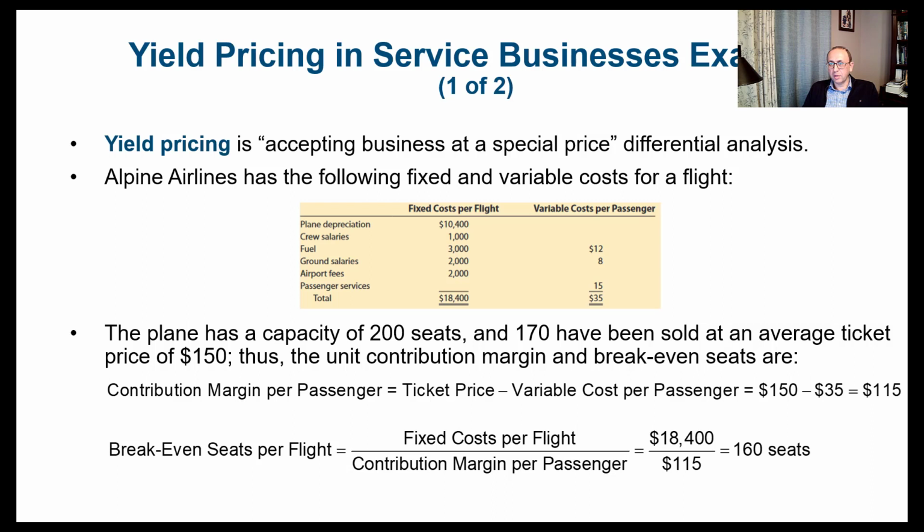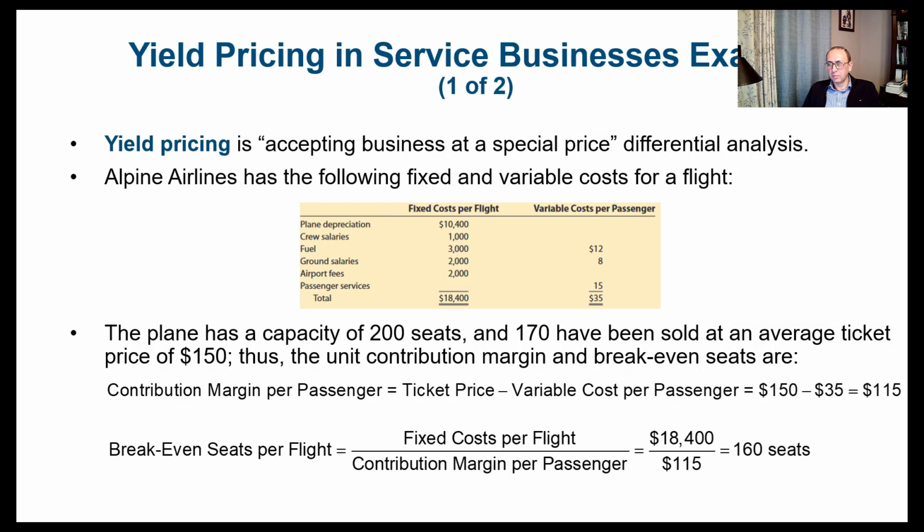They have the following fixed and variable cost for a flight. So these are their fixed costs per flight: their plane depreciation, the crew salaries, the fuel, ground salaries, airport fees. And then for the variable cost per passenger, they have $12 per passenger for fuel.